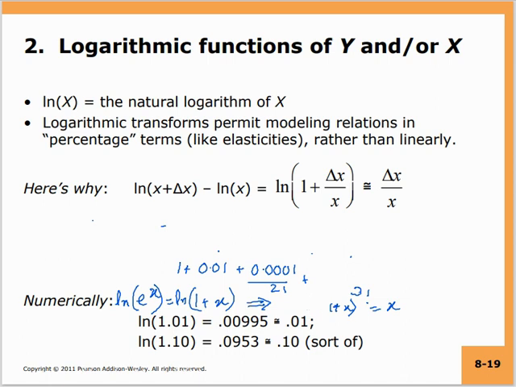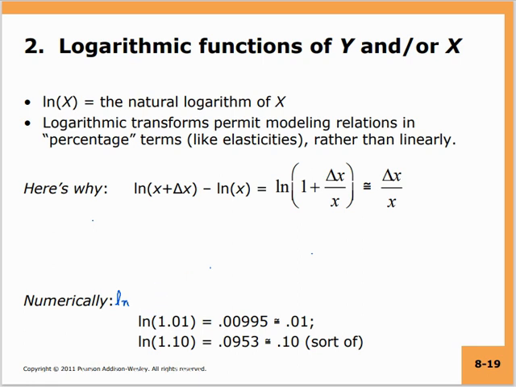So log of 1 plus delta x by x is approximately the percentage change in x divided by 100. This is a very useful approximation, and it can be used to understand the effect of putting log on the independent variable and log on the dependent variable.